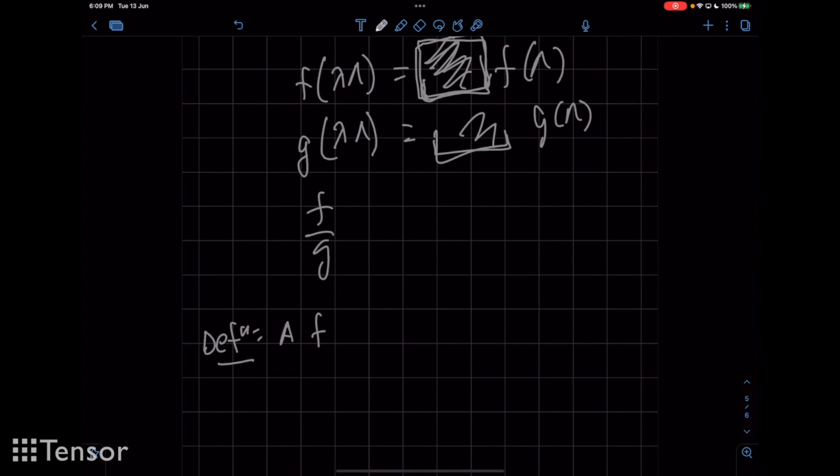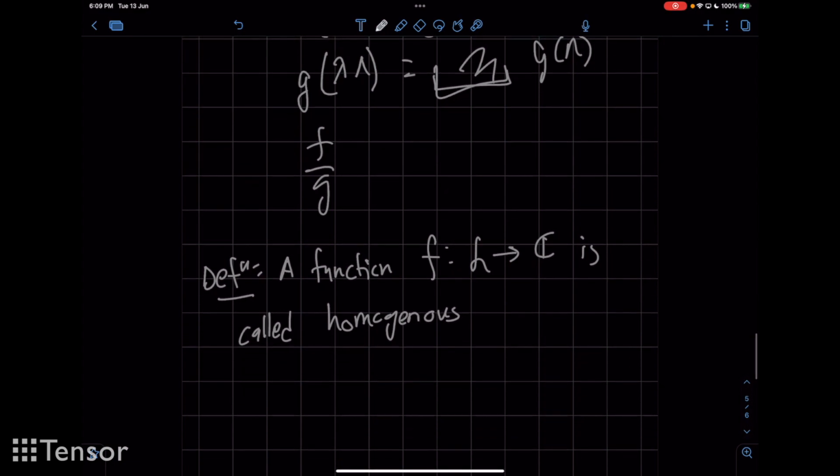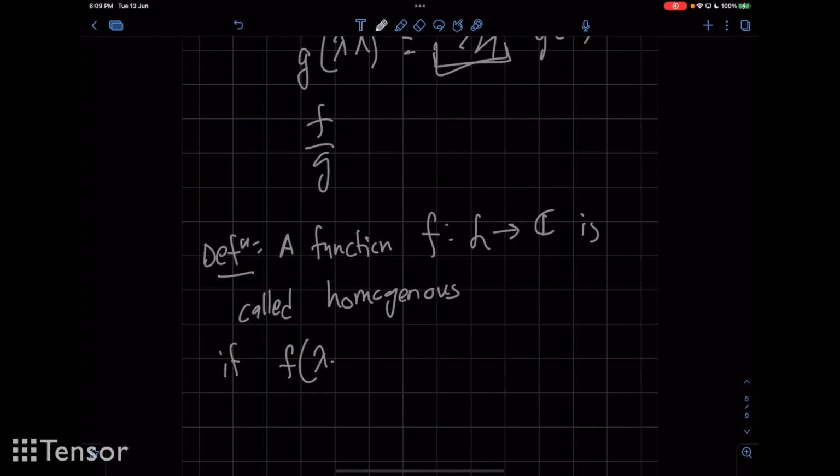Definition: a function f from L to C is called homogeneous if f of lambda times capital lambda is equal to lambda to the power k times f of capital lambda, and this has to be true for all non-zero complex numbers. If this is true, we call the function homogeneous of weight k.